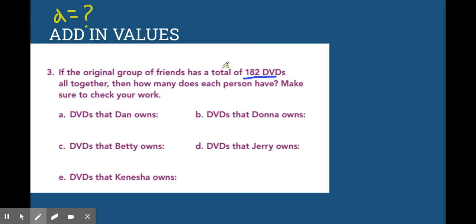Well, I can treat my expressions just like regular values, full values. So we know the number that Dan owns is going to be represented here by D. So I'm going to rewrite our expressions. We know Dan has D. We also know that Donna has D plus 7.